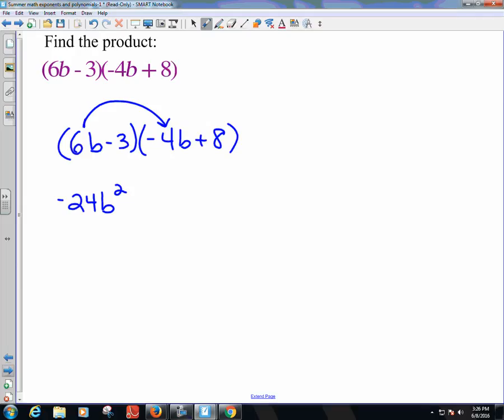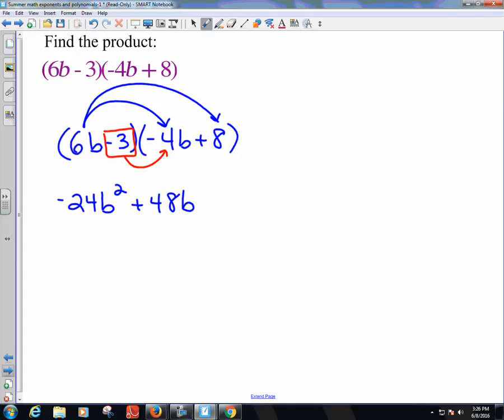I'm going to take this 6 and multiply it by the next term. 6b times positive 8. Well, 6 times 8 is 48. And I don't multiply the b against anything, so this term becomes 48b. I am going to take this negative 3 and multiply it by the first term in the second set of parentheses.